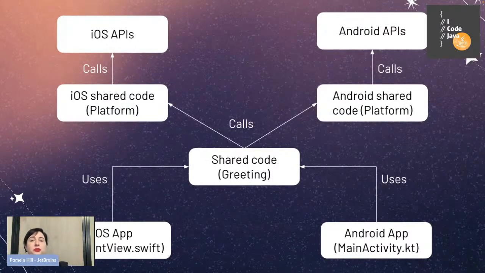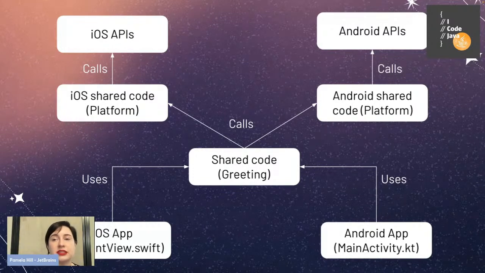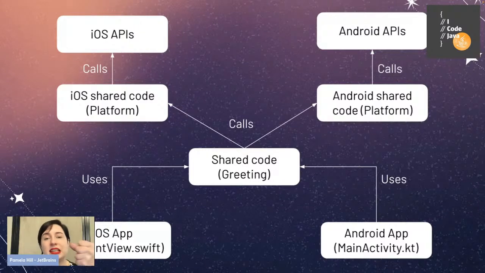So this is how it all fits together. We've got our shared code in the greeting file. What we're going to share is just a simple exercise. It's just a greeting, like hello something. And then on the iOS side, on the left-hand side, we've got the iosApp, which is ContentView, which uses that shared code.